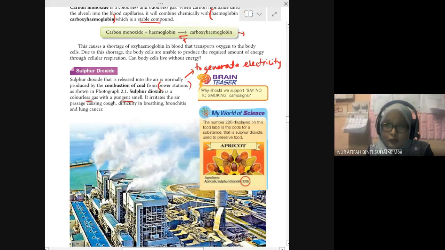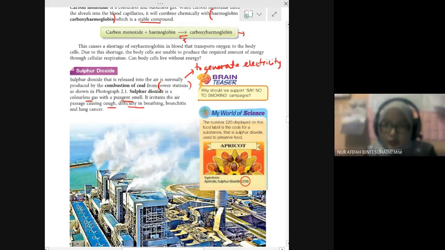So this one will irritate your air passage that makes you cough, batuk, difficulty in breathing, susah nak bernafas, bronchitis, your bronchus is damaged, there is inflammation in the bronchus, and it also leads to lung cancer.